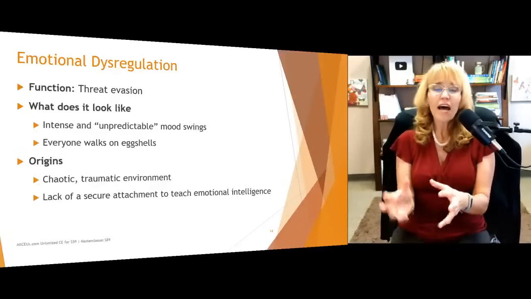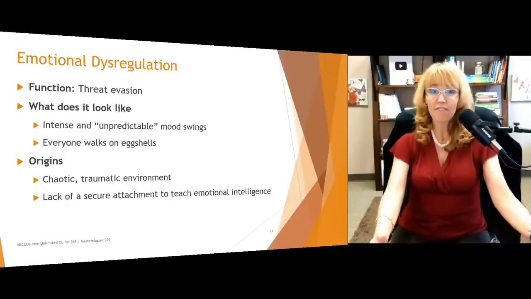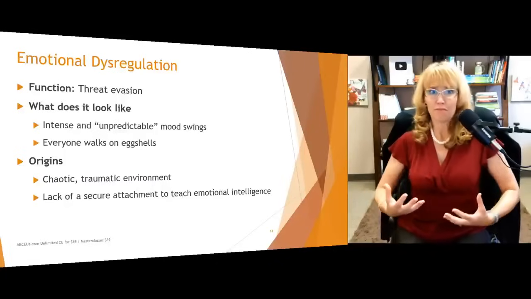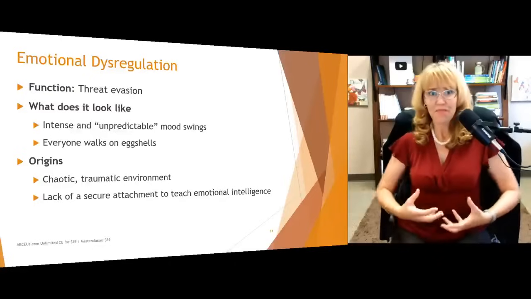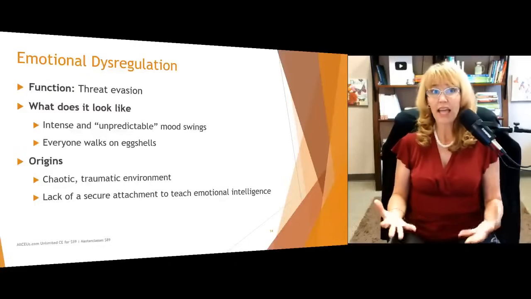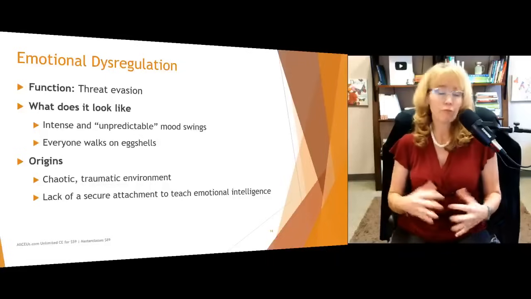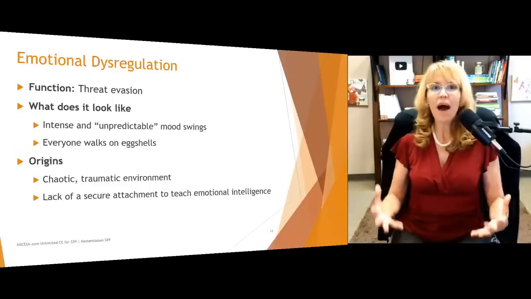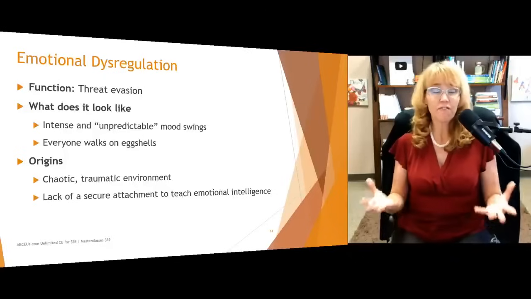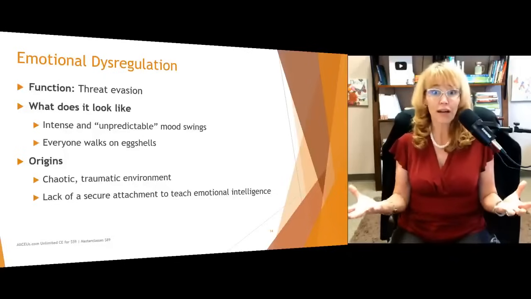So not only were they in a chaotic, traumatic environment, but then when they did have all these feelings, they couldn't label them. They couldn't figure out what to do with them. So they were left feeling completely overwhelmed and overtaken by their emotions, which imagine how powerless it feels to feel powerless to control your own body.